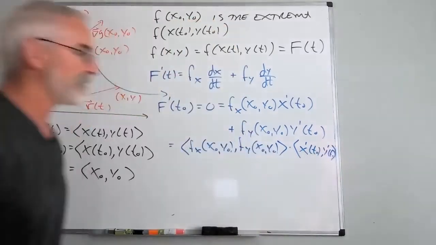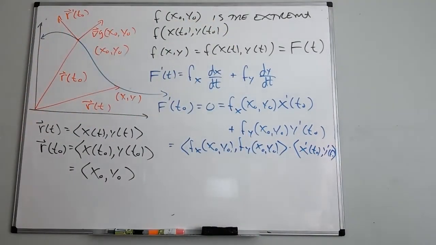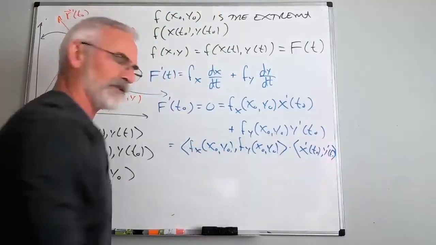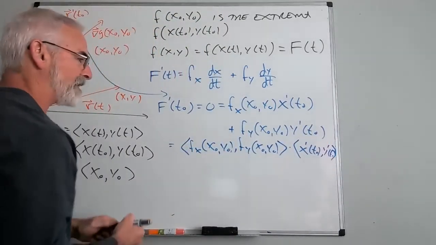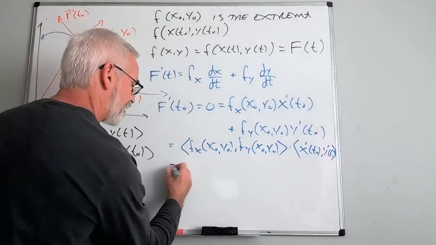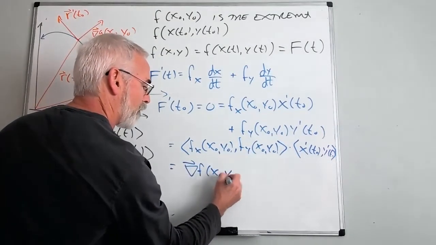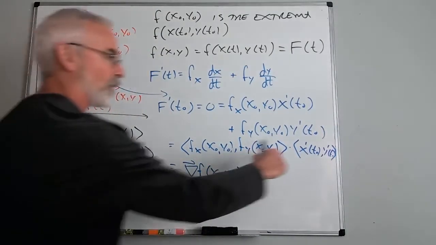I kind of got it. Okay. Could I write that as a dot product? Well, let's see. This product plus, yeah, I mean, that sure looks like that. But what is this? This is the gradient of f evaluated at x naught, y naught. Oh, okay. And what's this?